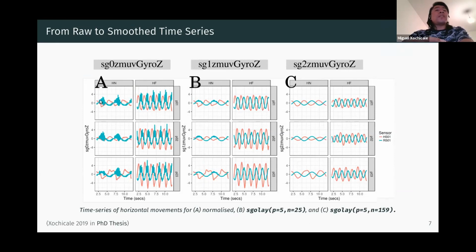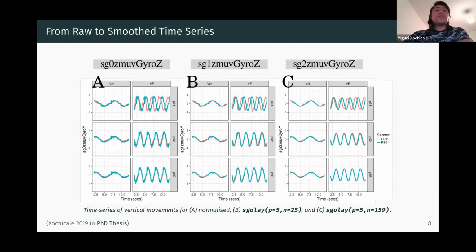And what you can see here are these sort of high frequencies from the movement of the motors. Of course, we don't want to measure that, so we get rid of these high frequencies using a Savitzky-Golay filter, to keep the structure of the time series.